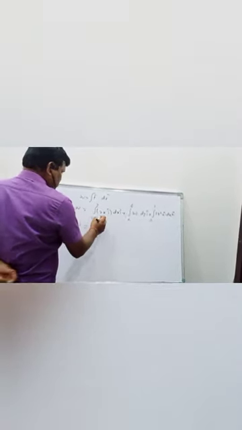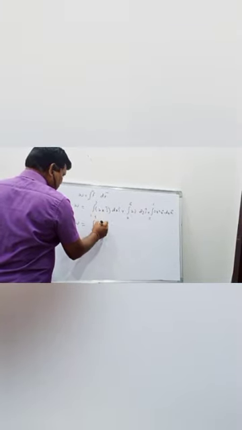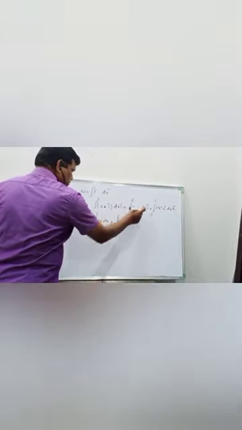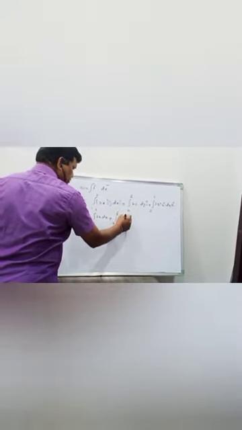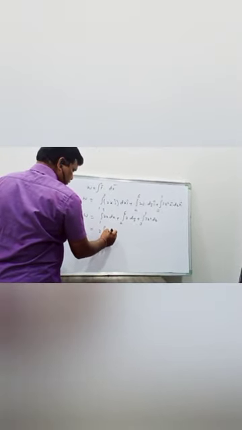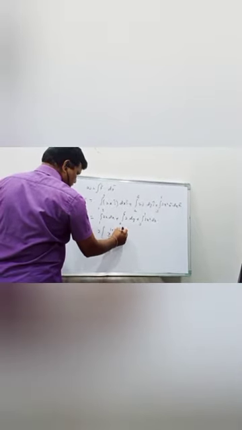Since i dot i, j dot j and k dot k are 1, we get integral 1 to 3 of 2x dx, plus integral 2 to 6 of 2 dy, plus integral 3 to 1 of 3z² dz. Here 2 is common, so x^(1+1)/(1+1) from 1 to 3.